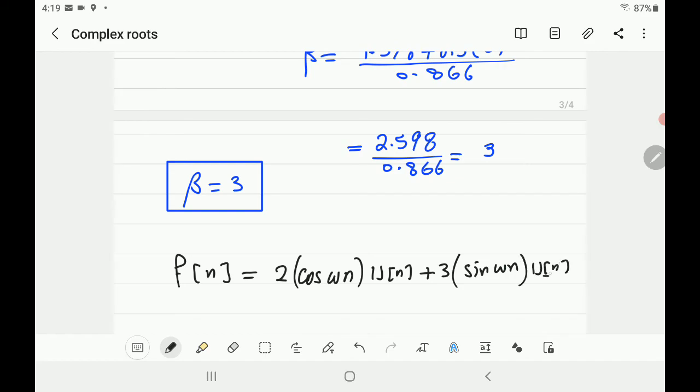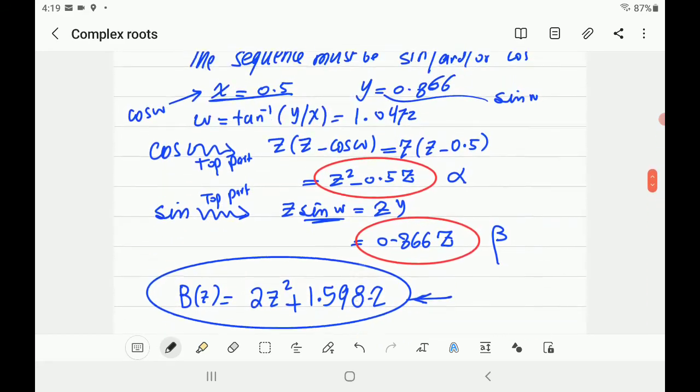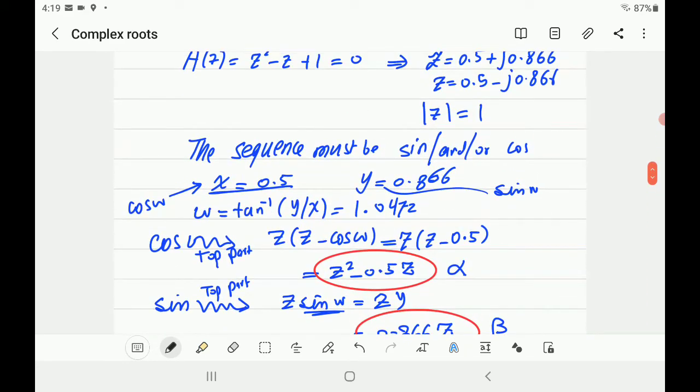I can take it compact, but now you have to put omega. You cannot leave it like that. How can you find omega? We got omega here, when we divide the imaginary by the real, we got 1.0472.